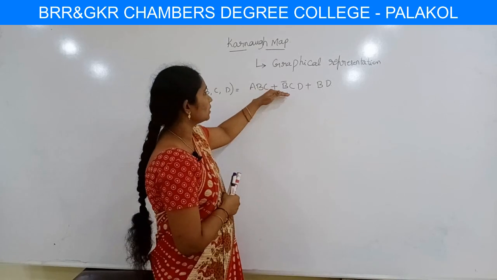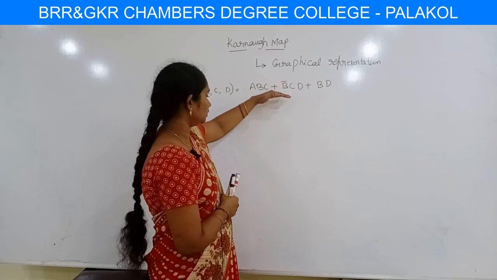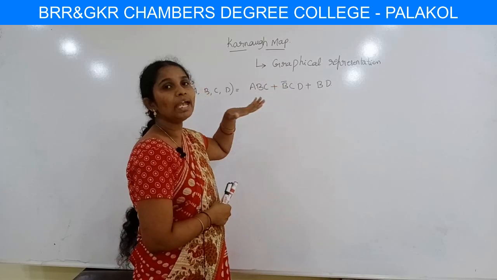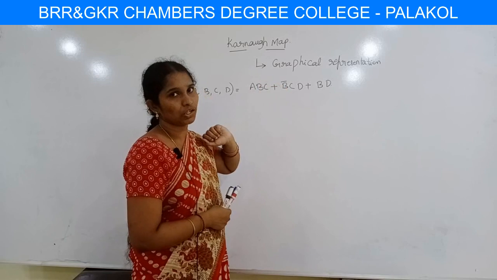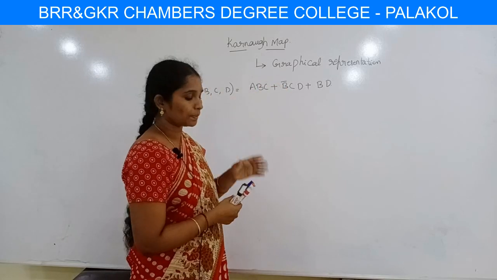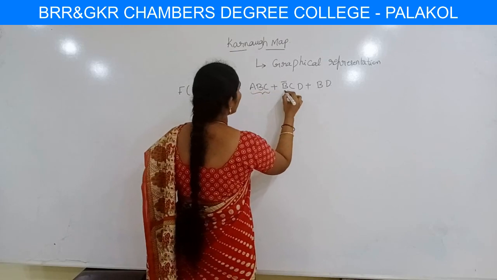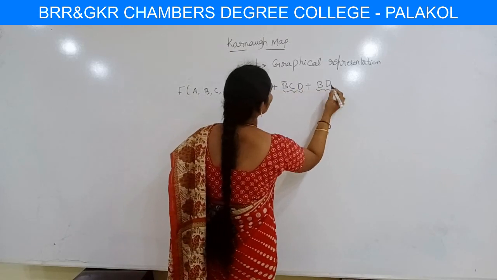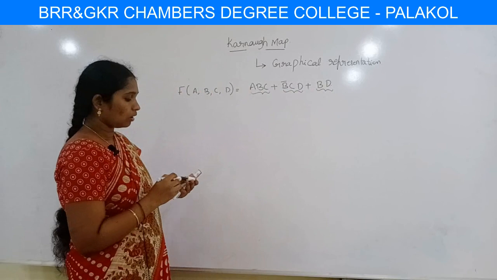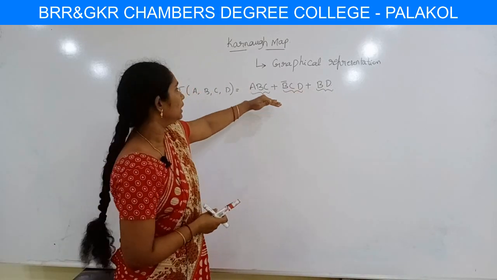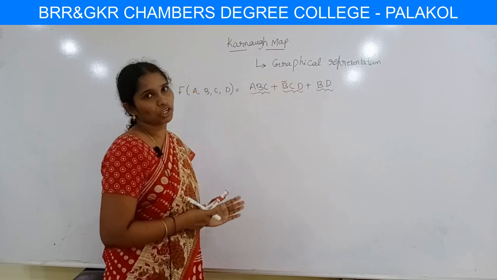When the question is given like this, first of all it is converted into a standard form representation. So you have to identify the missing letters in the given expression.